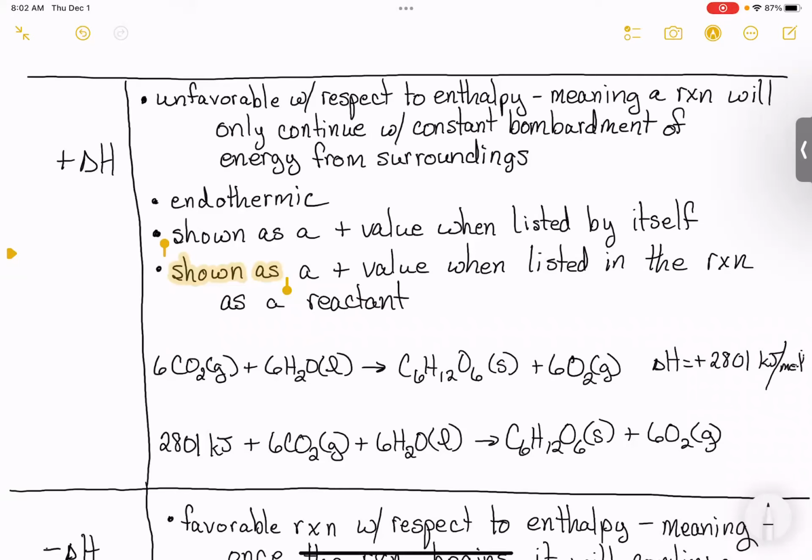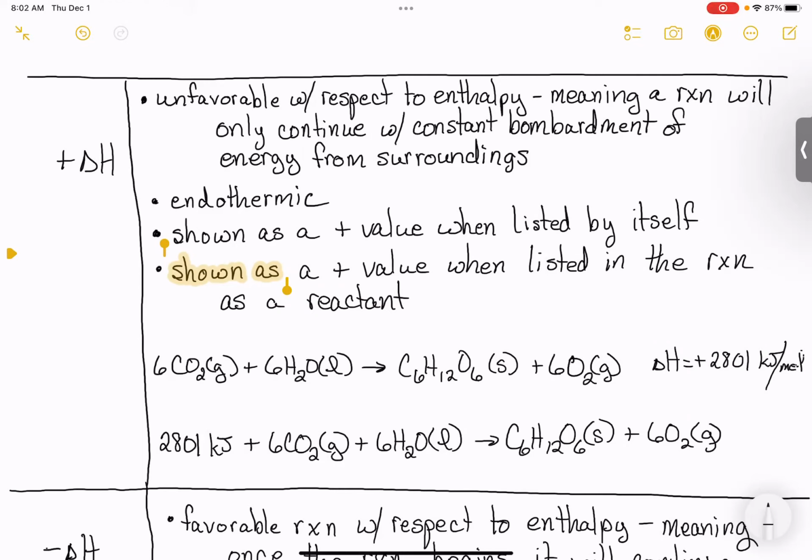Now, if a reaction has a positive enthalpy, it means that the process is considered to be endothermic. And it means that if you list the enthalpy by itself, such as in this particular problem, you will list it with a positive sign. That positive, again, remember, positive and negative for what we're doing does not mean the same thing as it does in the mathematical concept. It means, are we constantly adding energy to the reaction, or are we giving energy off from the reaction?